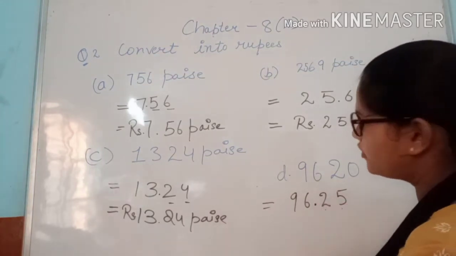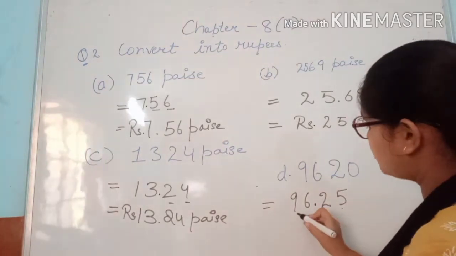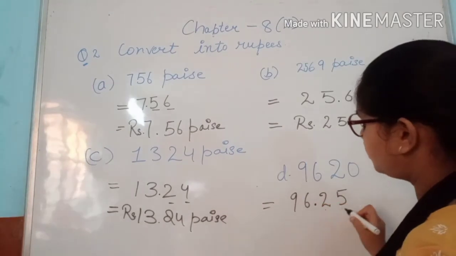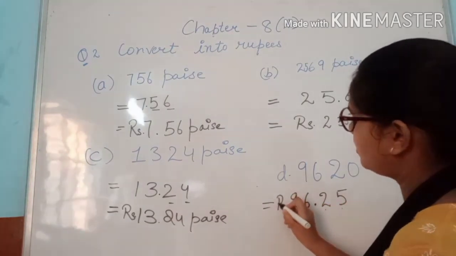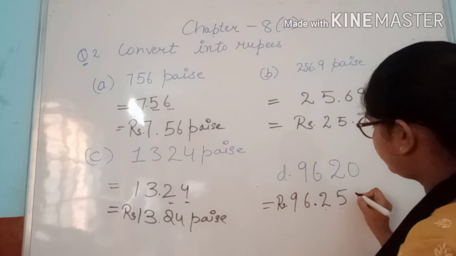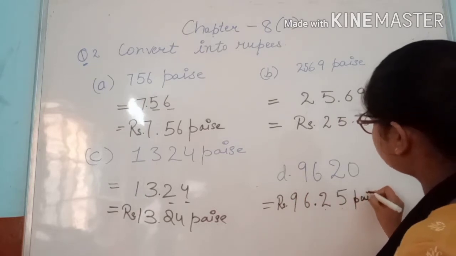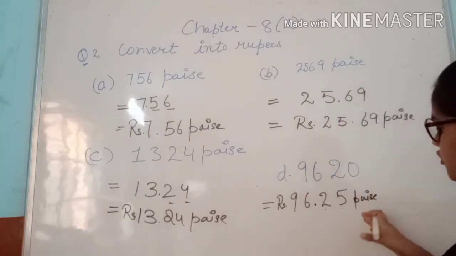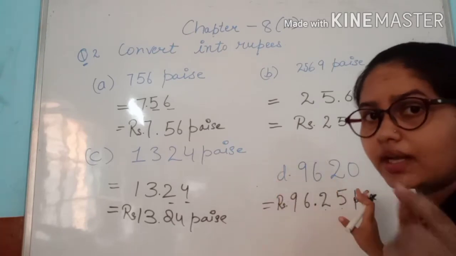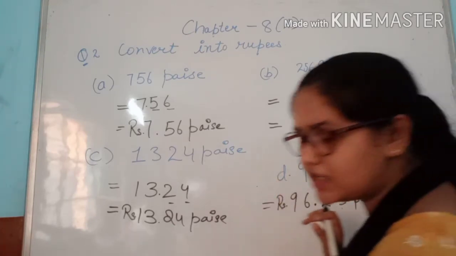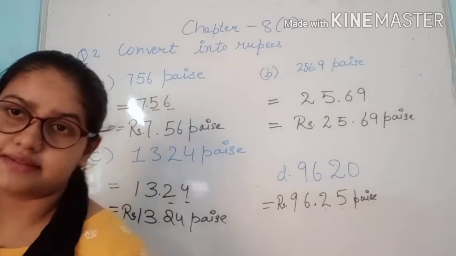After the 2 digits, we will take a point, which makes 96 rupees 20 paise. So we can write here rupees and here paise. If you want to write paise in a short form, you can write P and a dot. It will be the short form of paise.